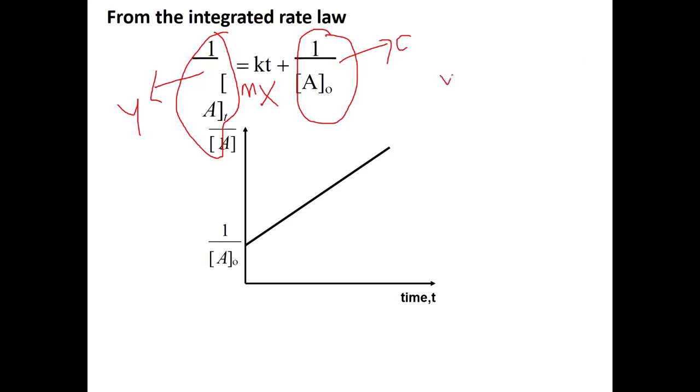So y is basically 1 over A, the concentration A at a particular time. kt is mx and your c is 1 over initial concentration of A. So you will get like this.